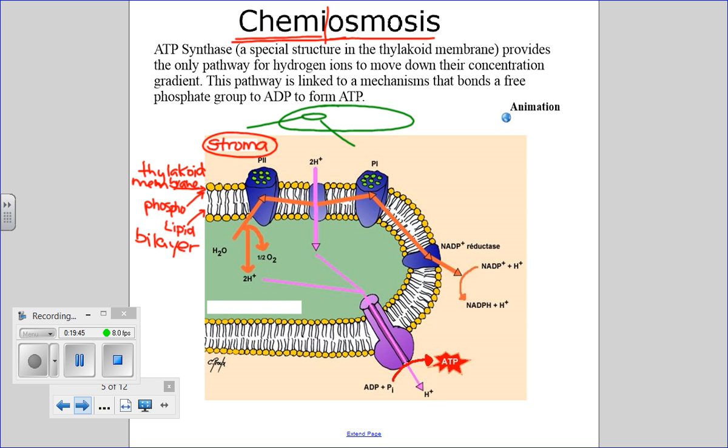Now we're going to talk about the things that are happening in this picture as we go along. But it's really tough to talk about chemiosmosis without talking about where things come from. In this particular definition, this is what interests us, this structure down here at the bottom. That structure at the bottom is called ATP synthase.